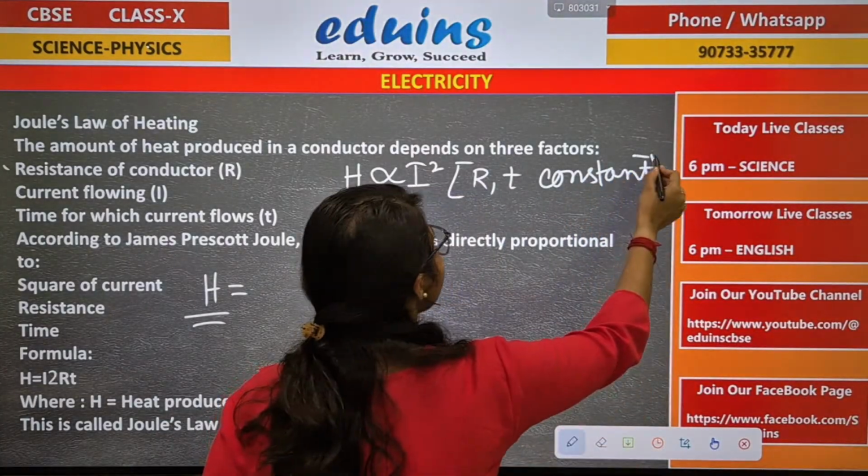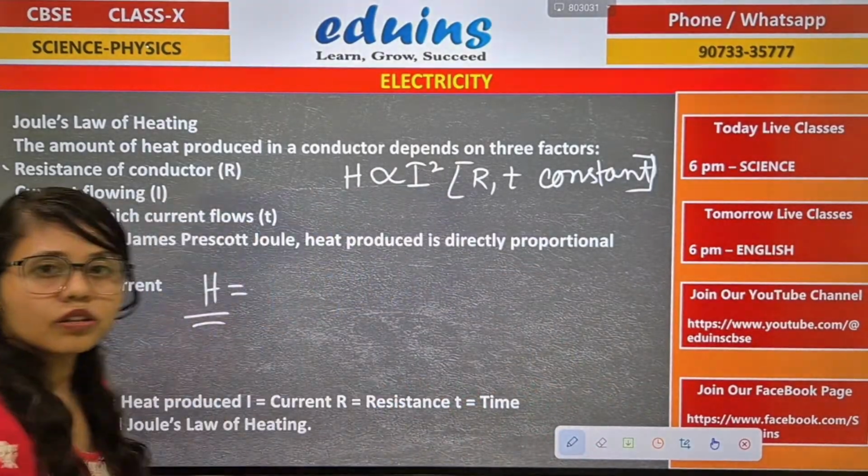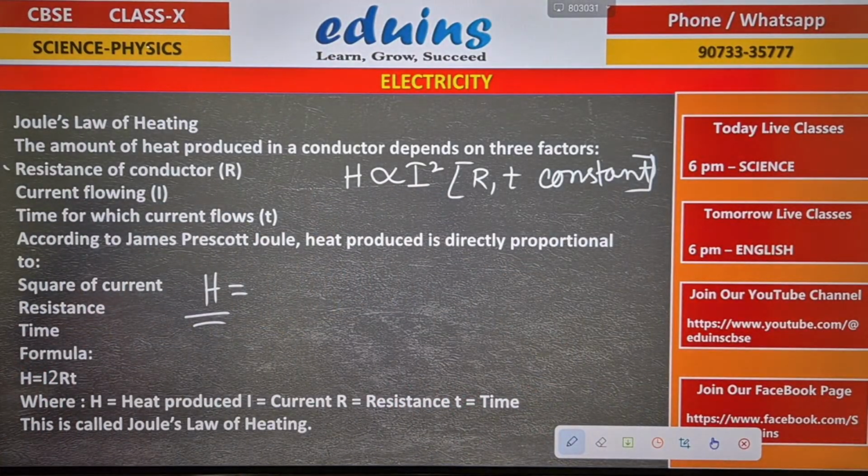That means when R, the resistance of the conductor, and T, the time of the current flow, are constant, then H, the heating effect of the conductor, must be proportional to I square, the square of the current flowing through the circuit.